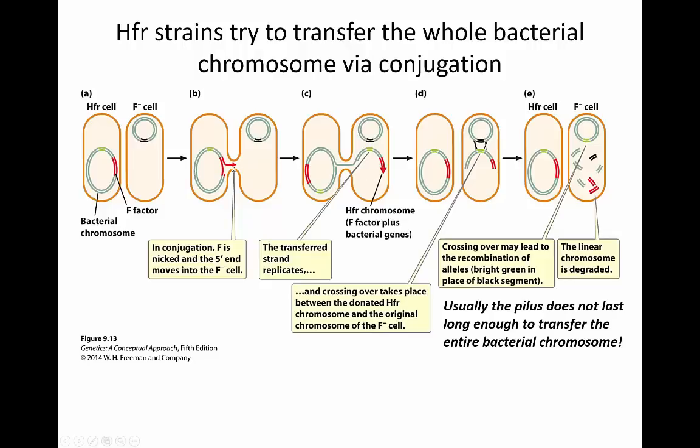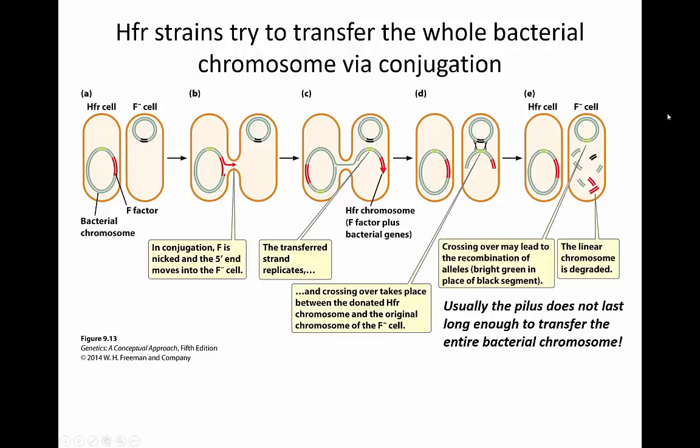And so here, we started it here, and we are going around, and we're transferring a portion of that bacterial chromosome. Eventually, the pilus will break up, and this portion of the bacterial chromosome is now called an exconjugate. And that exconjugate cannot be maintained in a bacterial cell on its own because it does not have all the characteristics of a chromosome.